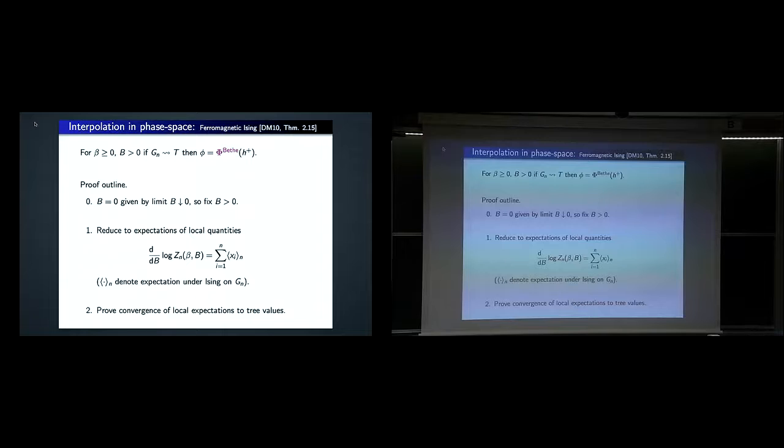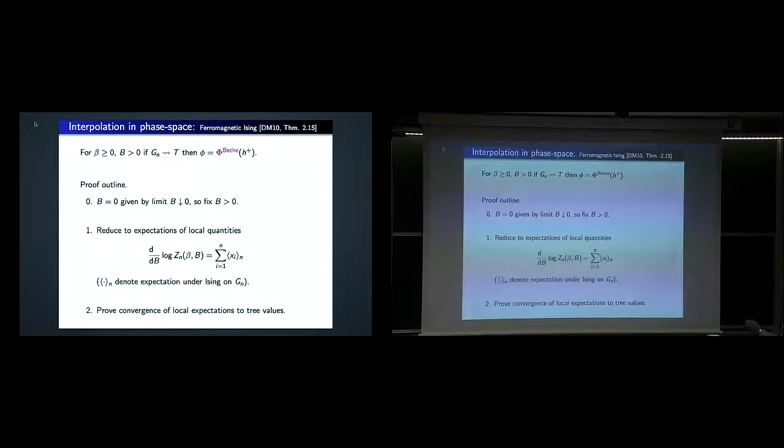Okay. So, what is the method in which we are going to try to prove this result? We want to prove this: phi is equal to the prediction, and I'm going to do it specifically for the ferromagnetic Ising model, for which it is actually true. I'm not going to prove the theory which I know before.